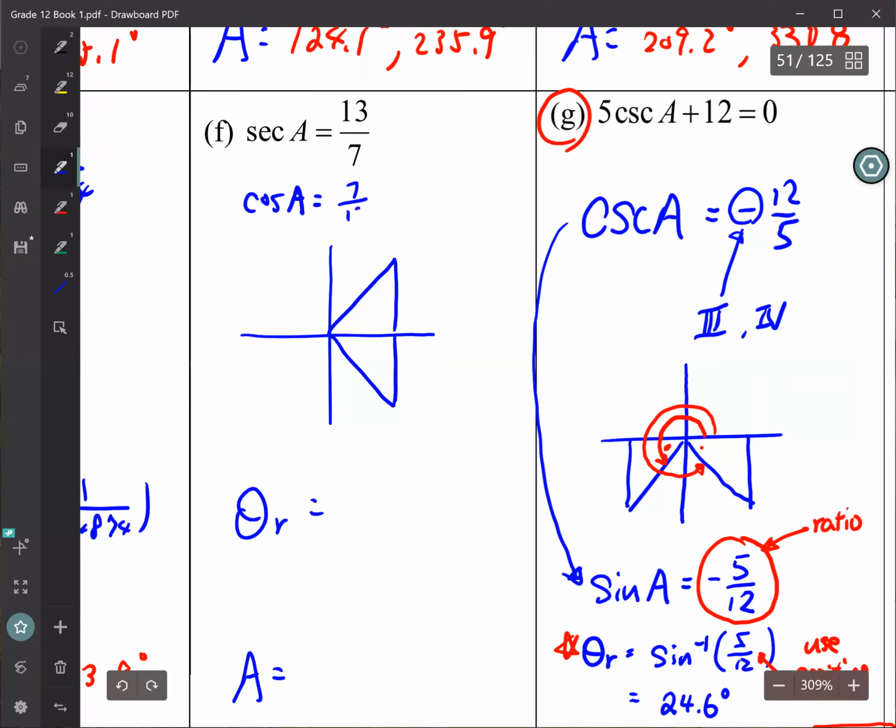So you just take the reciprocal. And then what do we do now? You put inverse cosine 7/13, and I got 57.4 degrees. And your first answer for angle A? 57.4 degrees. Second answer? 302.6 degrees.